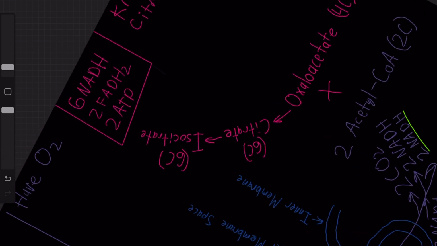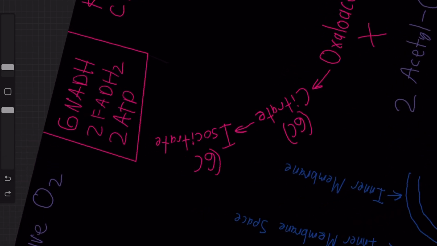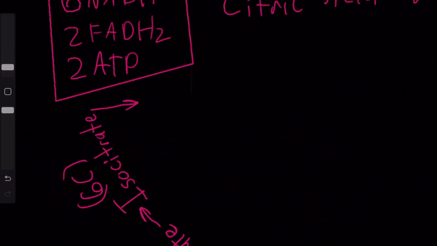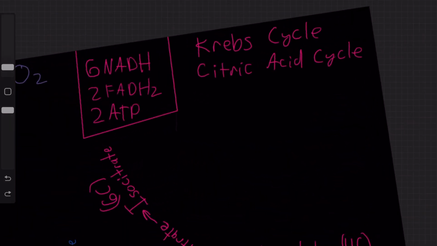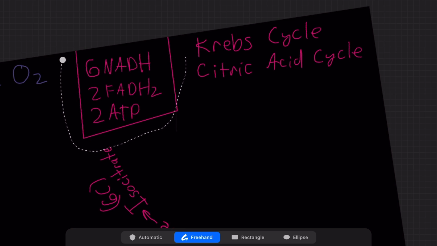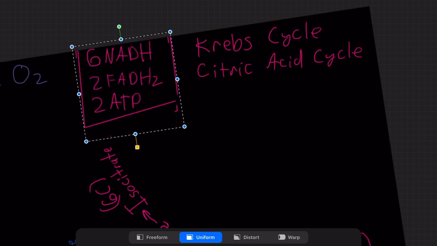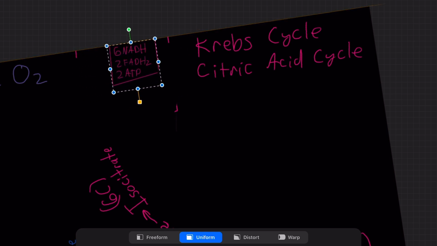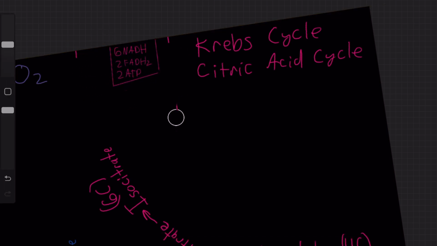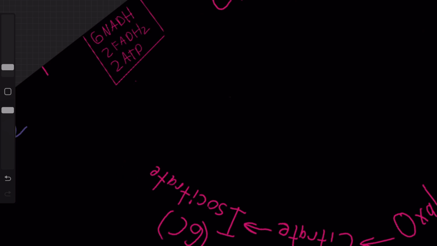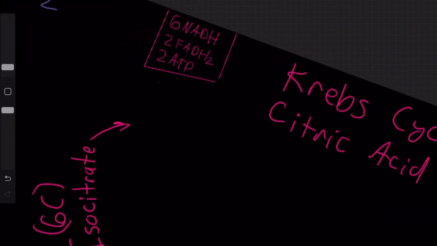Now we're going to start losing carbons. Our next step is going to be alpha-ketoglutarate.